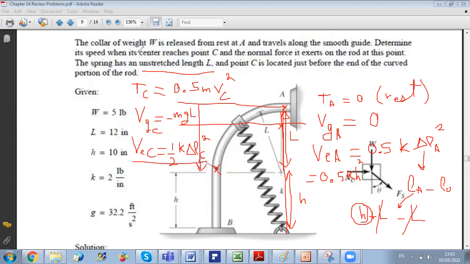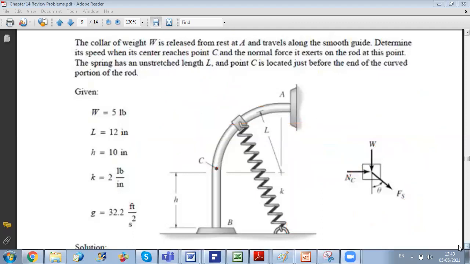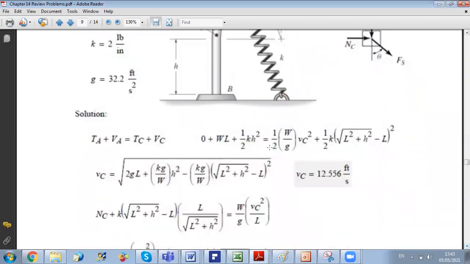By replacing in your equation, the only unknown is the velocity at C. We can get the value of VC, and after getting VC, we can apply sum of Fn equals MAn to get the normal reaction.